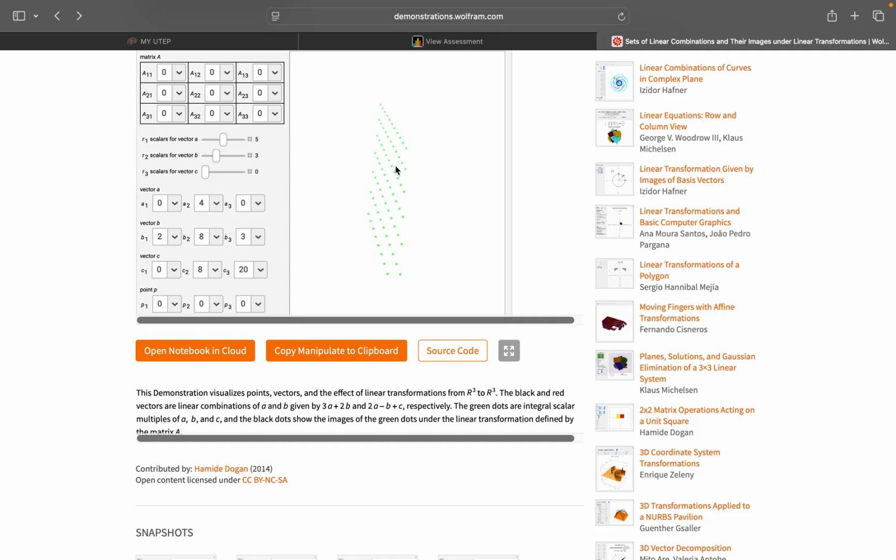As we can see, our values for C, for A and B, even if we multiply by other scalars or anything like that, it would never end up with our C. As you can see, this gap right here shows us, and then this would be all the scalars for A and B. So there would be no solution for this one. We wouldn't be able to find that exact value.